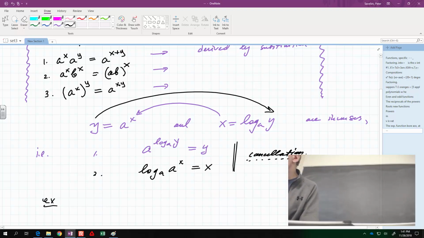For example, 8 is equal to 2 cubed. It can be rewritten in terms of the logarithm as follows: log base 2 of 8 is equal to 3.